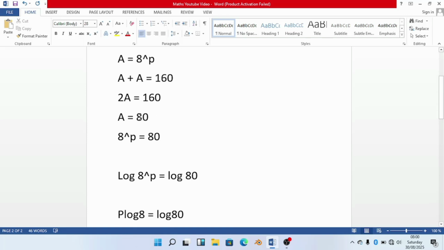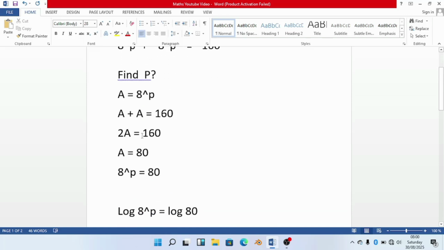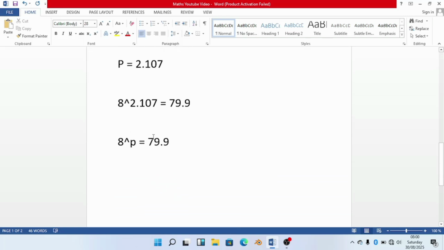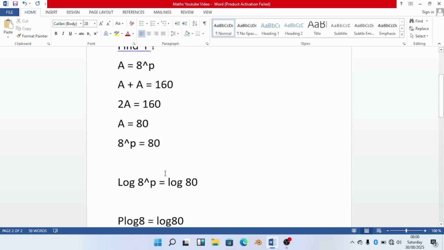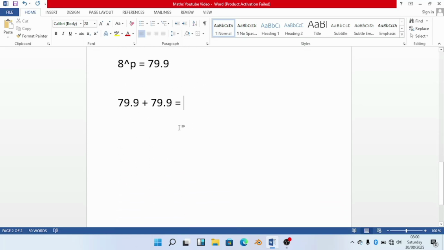If we go up and look at the question, we have 8 raised to power p appearing twice, adding themselves up on the left-hand side of the equation. Automatically, we have 79.9 plus 79.9 equaling. Now, this sum is going to give us something roughly approximate to 160, because those are logs.